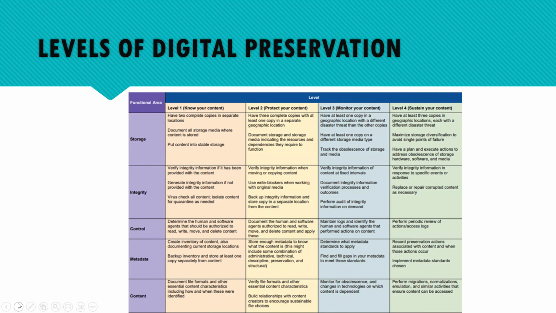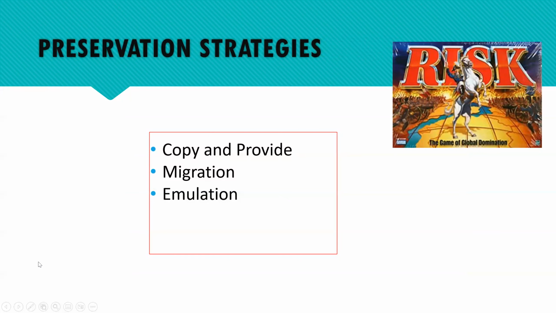Okay, so next we'll talk about some of the basic preservation strategies that archives can engage in order to preserve digital records. I don't know if any of you are into Risk at all. I remember when I was younger, some pretty long, epic Risk games. Multiple days of trying to beat your friends.